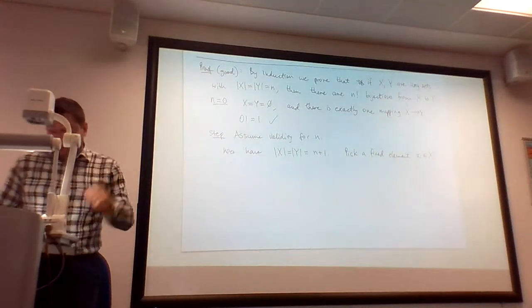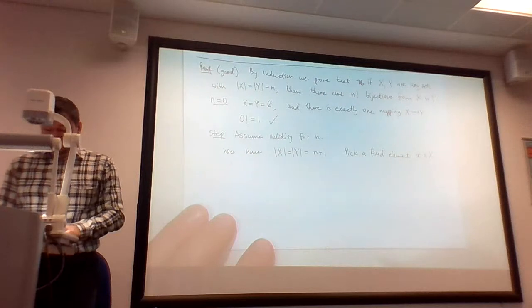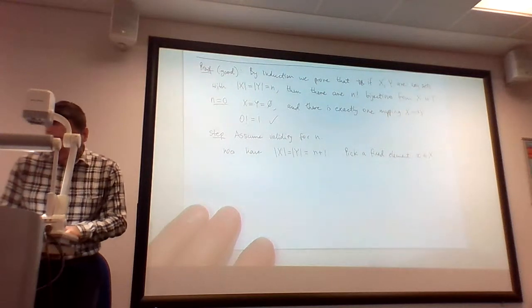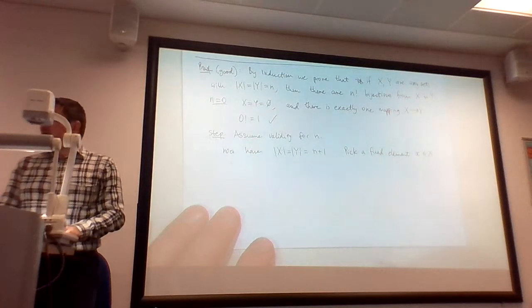Okay, and now when you look at all the bijections, so how do you denote the set of all bijections from x to y?